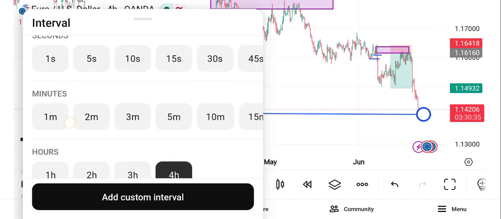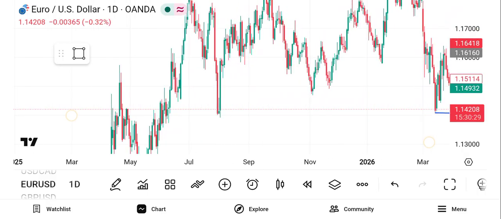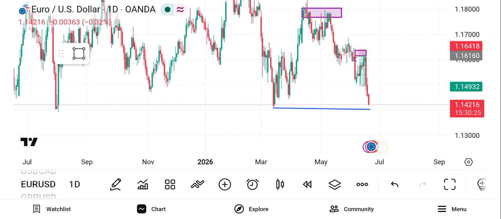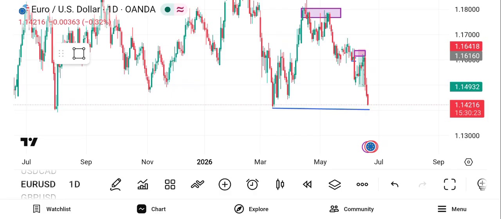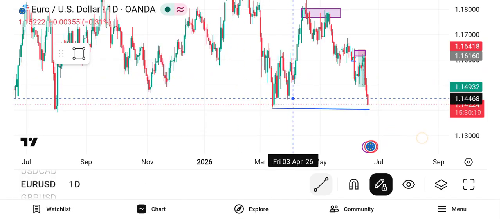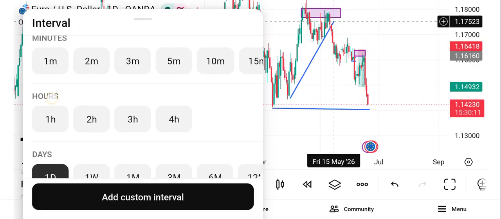Now, or you can go to your daily time frame and check. So on the daily time frame, this is what is happening. Market is selling to take out this zone. You can see there's a trendline liquidity from this side here. So market is selling to clear that trendline liquidity.